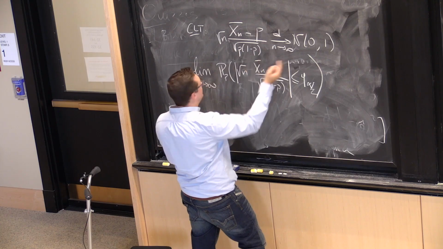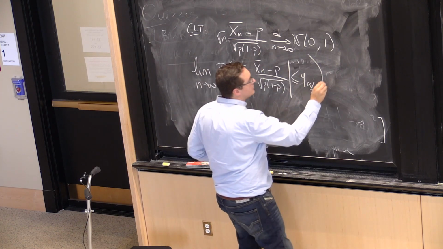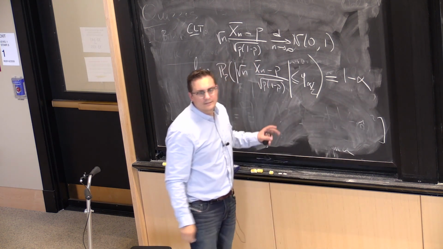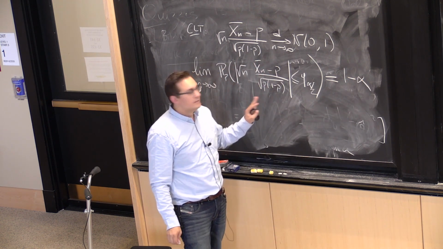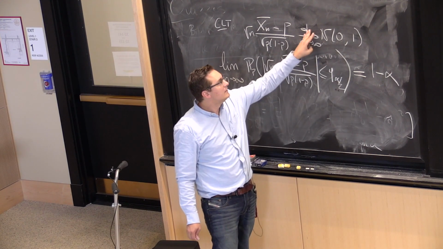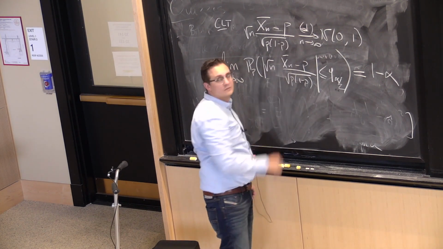This is the same thing, right? So this is actually going to be equal to 1 minus alpha, right? That's exactly what I did last time. This is by definition of the quantile of a standard Gaussian and of limit in distribution.